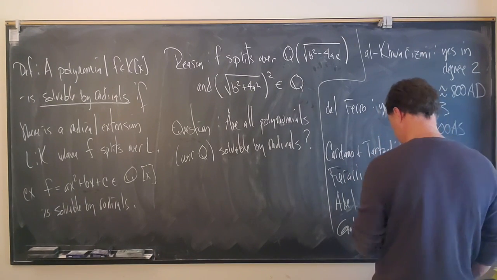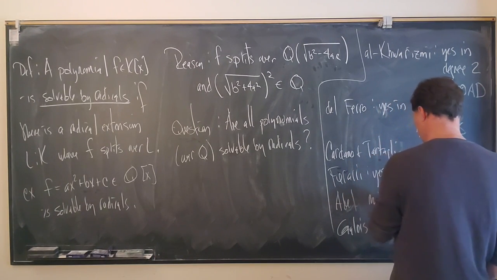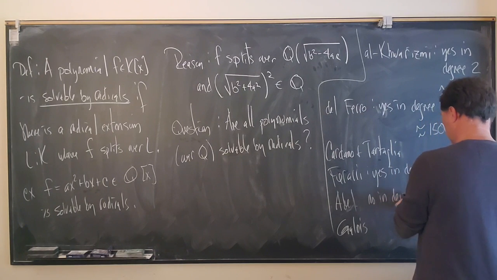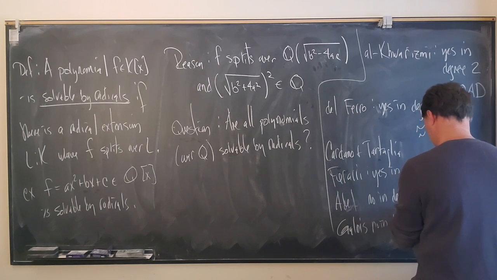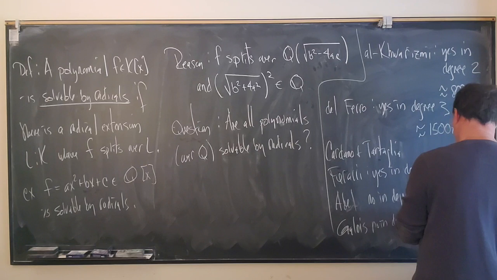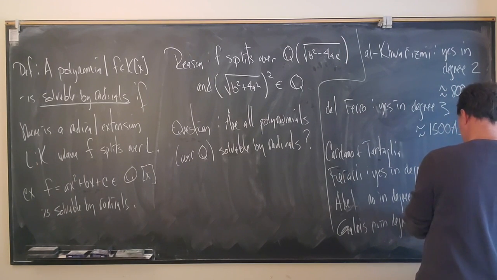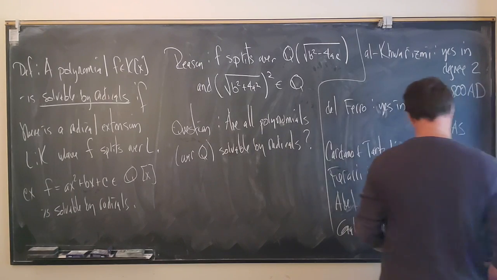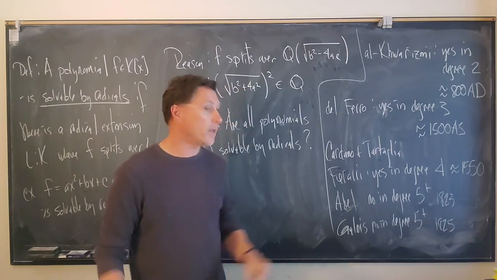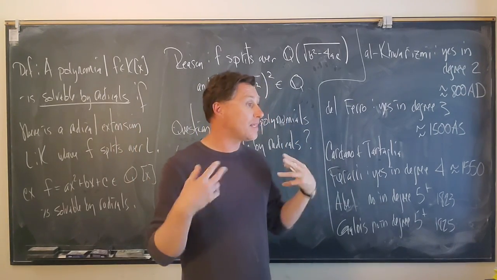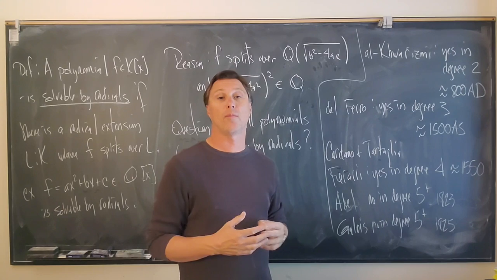Separate work, so no in degree 5 and above. This one's around 1820, I want to say 1823 and 1825, is when they did their work to show that there is no algorithm. There exist polynomials that are not solvable by radicals.